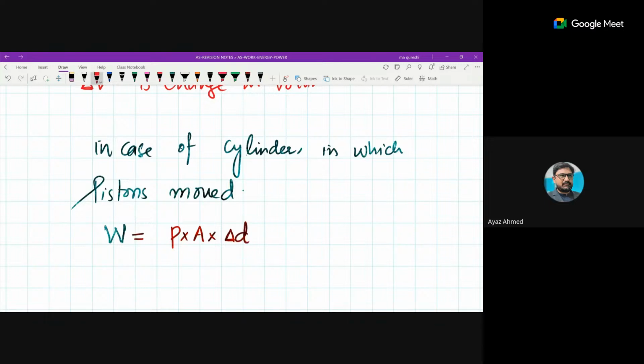I'm writing it categorically, that this is the important factor. How much displacement has taken place by that gas or by that piston actually defines your work. Is it clear to you?